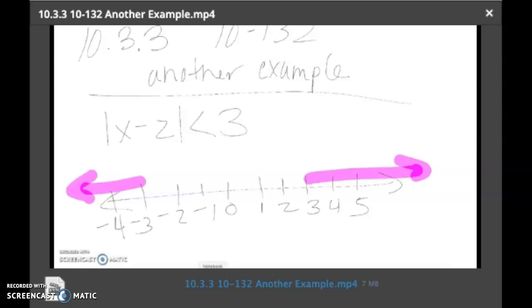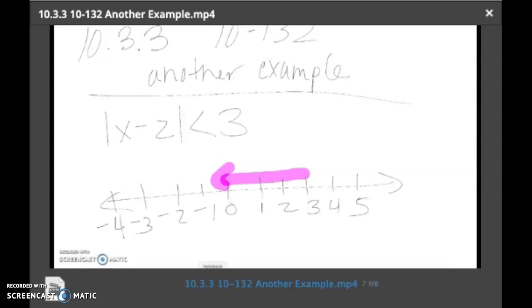Now in this case, we are looking for numbers that are less than 3 units away from 0 instead of more than. So less than 3 units away from 0 would be things going this direction, right? And less than 3 units away on the other side of this, we would have something that looks like this.